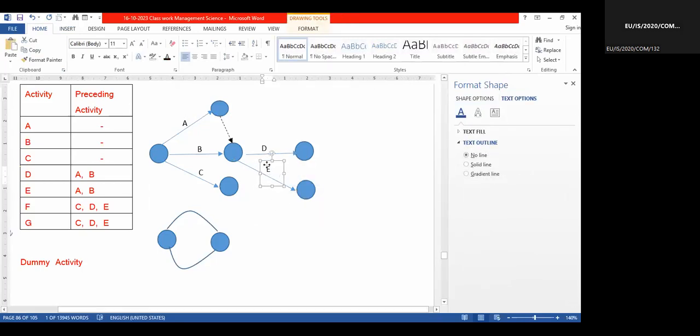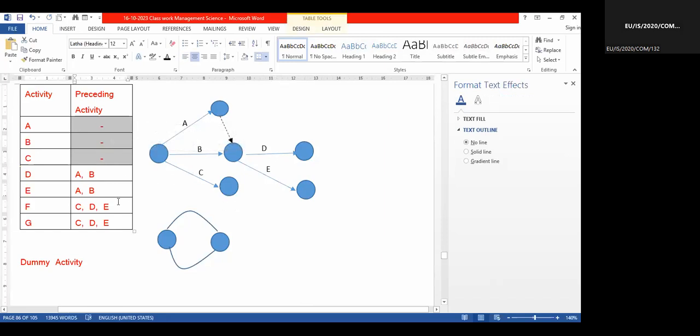So now you see that what the table reflects, only that I am drawing. A, B, C have no preceding activities. So therefore A, B started. From A and B, D is coming. From A and B, E also coming.